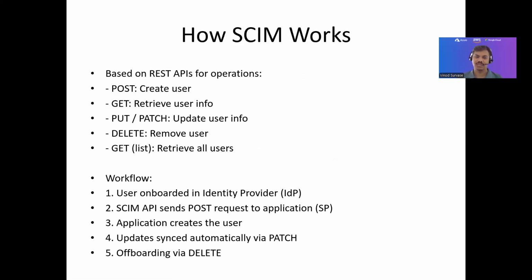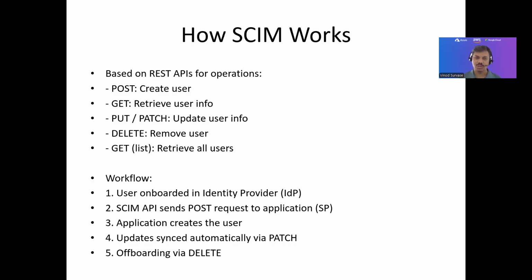So how it works, you can simply understand from this: it is based on REST API operations, including post, get, put, delete, and get by using the list, right? These are the RESTful APIs which help us provision identities, including provisioning, update, delete, and modify as well.